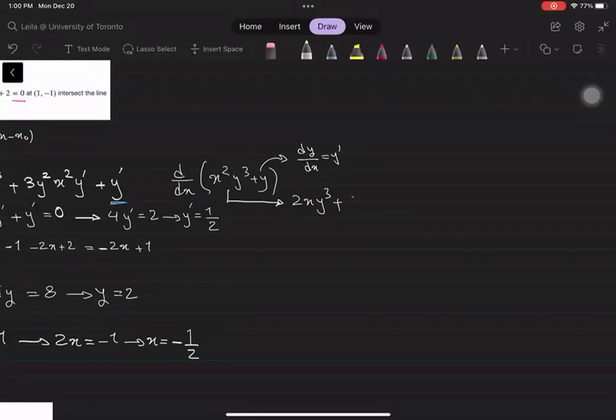So you have 3y squared y prime times the x squared. And you have y prime, you know, implicit differentiation. So you keep that. You can't get rid of your dy dx. Does that make sense?